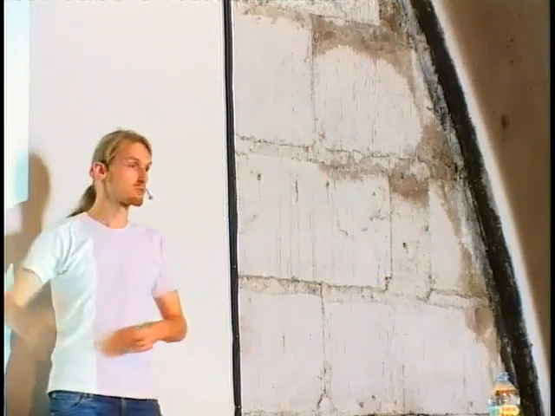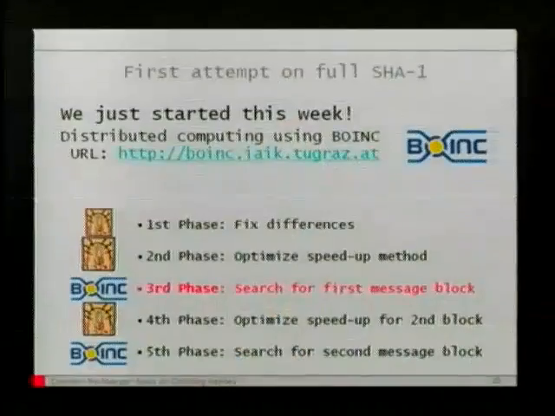A few guys? Right. Who has heard of SETI at Home or Folding at Home, these projects? Yes, some more. SETI at Home is using BOINC. That's a distributed computing framework developed by some guys at Berkeley. So we are using this framework and sending out work packages.